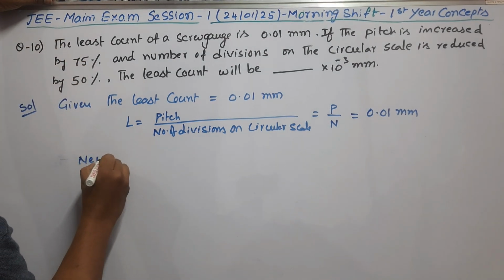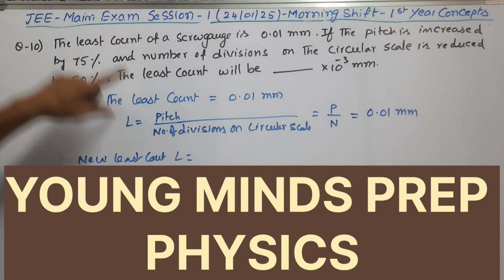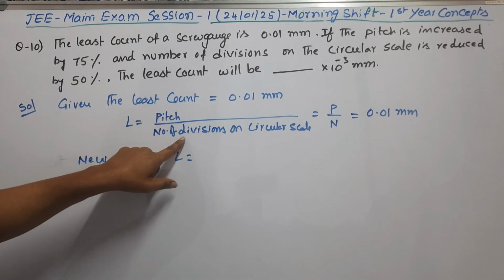Now what happens if the pitch is increased by 75%? The pitch changes, the number of divisions also changes, so automatically the new least count changes.